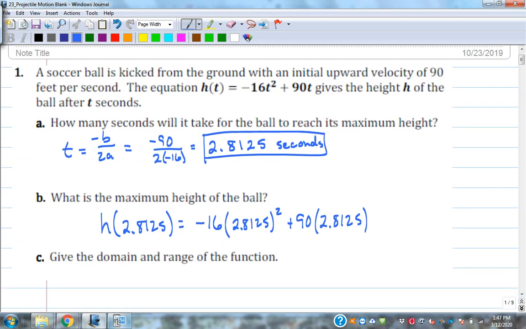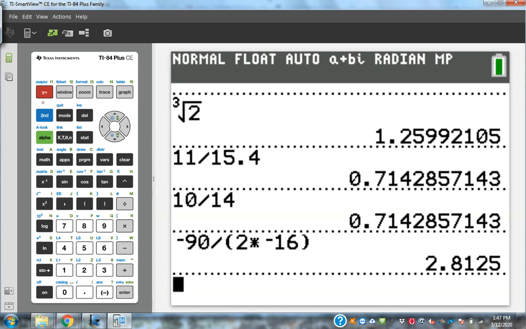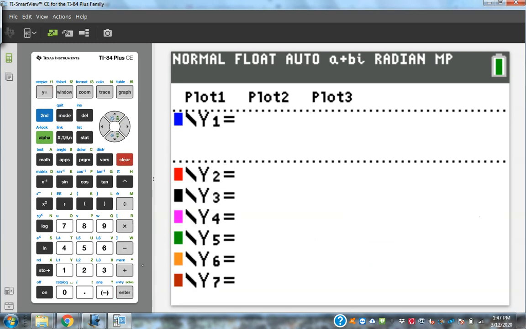So I'm going to use my calculator to help me. I'm going to go to y equals, and I'm going to type in negative 16x squared plus 90x. Because that's what the equation was. I put x's there instead of t's because my calculator uses x's.